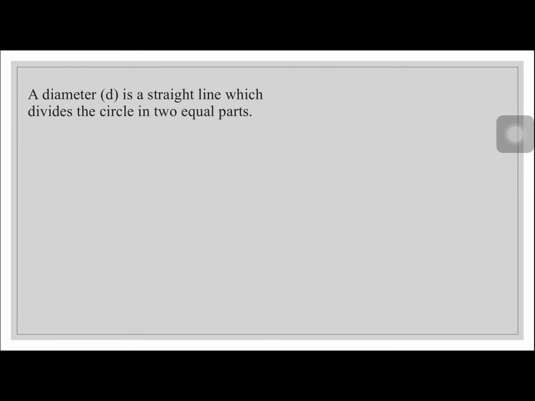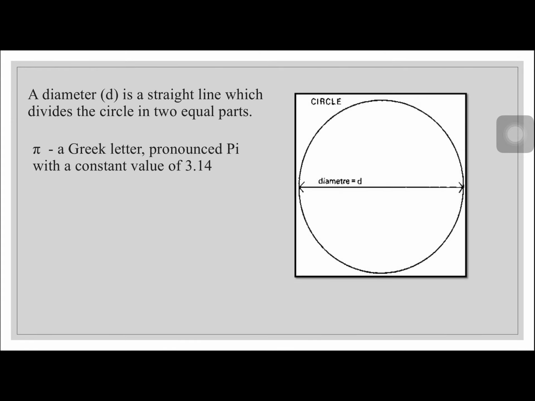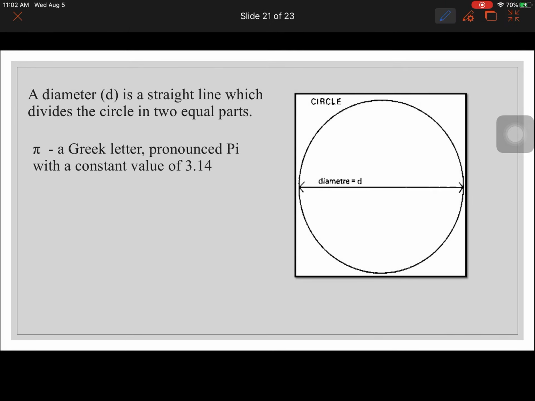Next, circles. A diameter, or yung D, is a straight line which divides the circle into two equal parts. Pi is a Greek letter pronounced as pi with a constant value of 3.14. Ito po yung example drawing image ng circle. Ito po yung tinatawag nating diameter. Nagpapasa siya sa center.